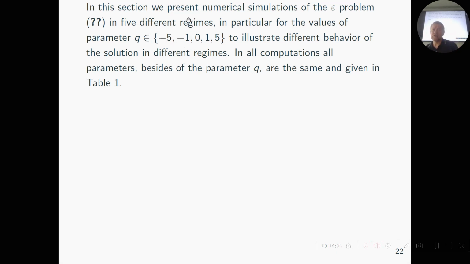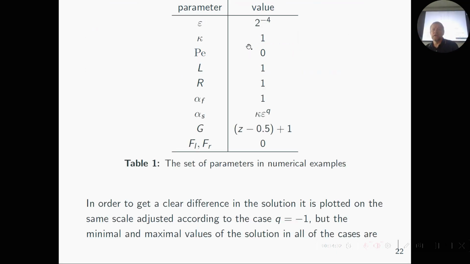So it's highly conductive, but not as high as in the first case. Now this is a typical engineering case where Q is equal to 0, meaning that the conductivity of the pipe and the conductivity of the fluid are about of the same order. Now when Q is equal to 1, the pipe is starting to act as an isolator, but still not completely isolating. And Q equal to 5 means that the conductivity is very low, so it's almost isolating.